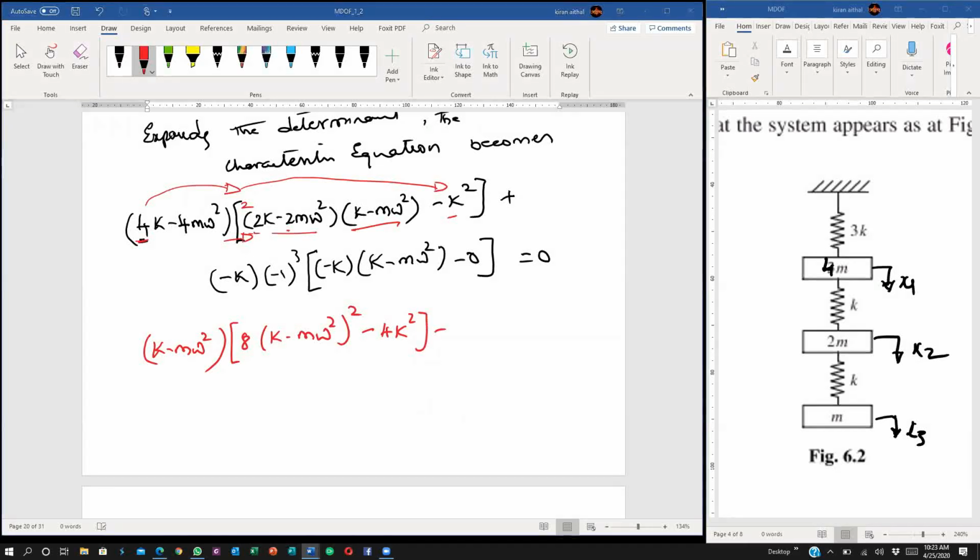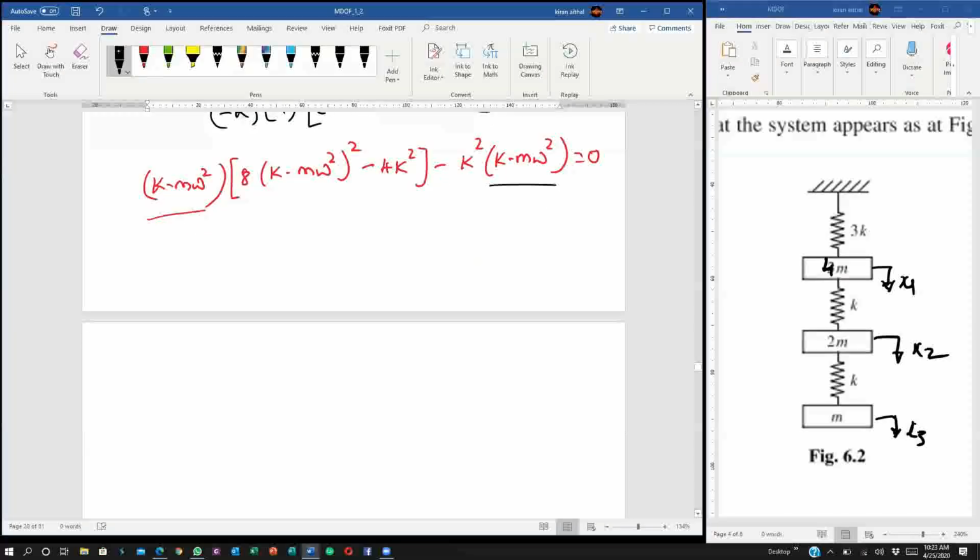Minus k square into k minus m omega square is equal to 0. So if you check it out here, here and here, in both the cases, what is this? K minus m omega square is common, right? So what I can do now here, very simply, I can say k minus m omega square I will take outside.